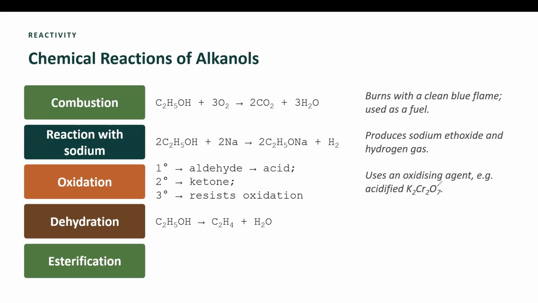So if you subject ethanol to concentrated H2SO4, it will give off ethene gas. What it does actually is to remove hydrogen and oxygen from the ethanol in the form of water. And that gives us ethene gas eventually as the product.